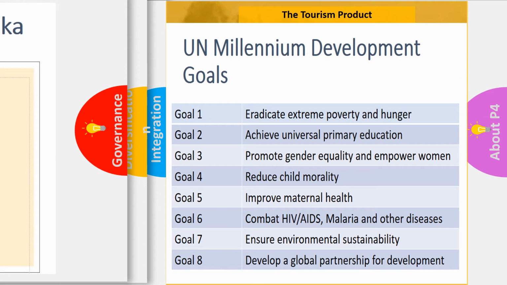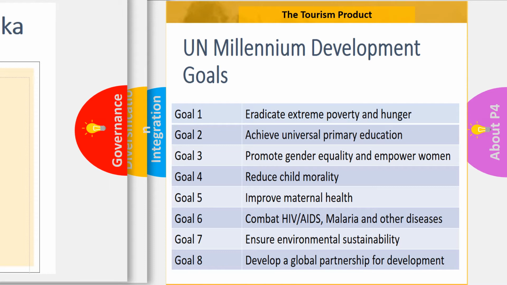When we think about the UN Millennium Development Goals, they include various goals, including eradicate extreme poverty and hunger, achieve universal primary education, promote gender equality and empower women, reduce child mortality, improve mental health, combat HIV, AIDS, malaria and other diseases, ensure environmental stability, and develop a global partnership for development.